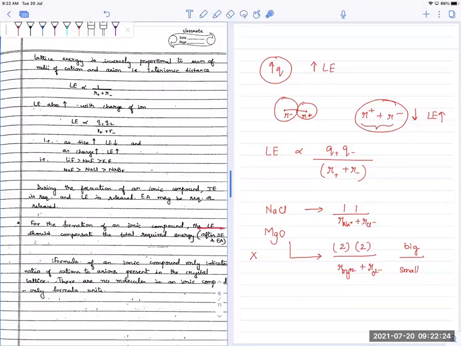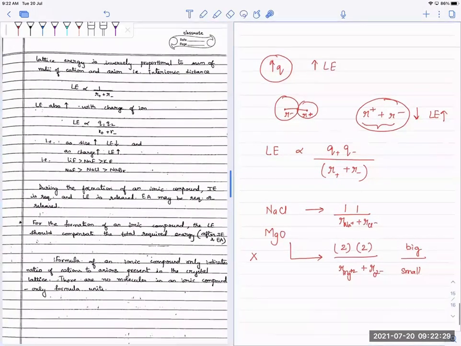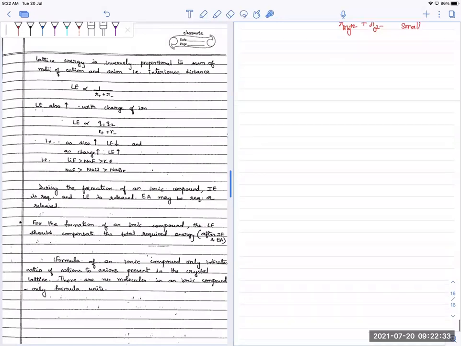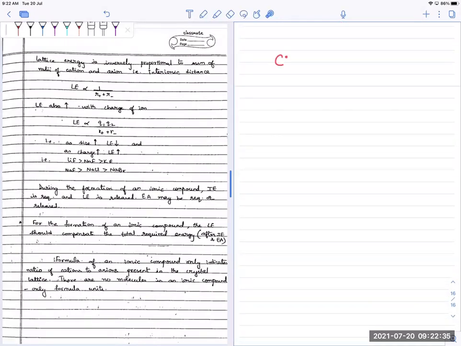Is it being compensated by your lattice energy? If you can compensate it, then it will be an ionic compound. If you can't compensate it, like in the case of CH4 or CCl4, where carbon forming C+4 is a huge requirement, you cannot compensate that. So since you can't compensate it, this compound forms a covalent bond, not an ionic bond.